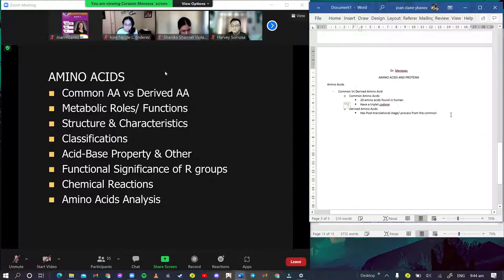So the keyword here is post-translational modification. As such, the amino acid becomes something else, and it gives the mature protein its specific structure, as well as improves its function. Clear? Okay. Yes, Doc.